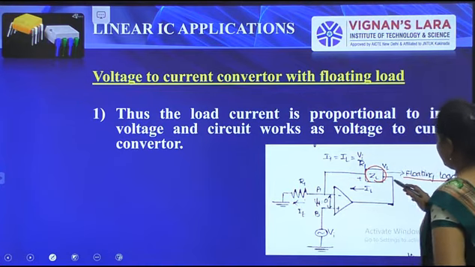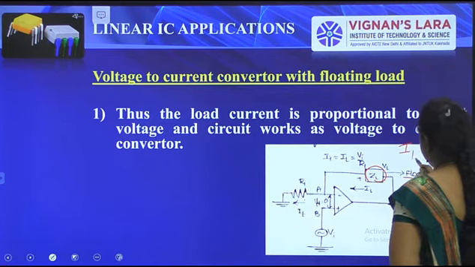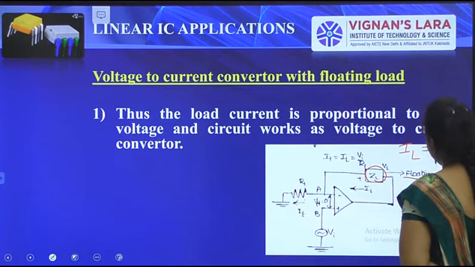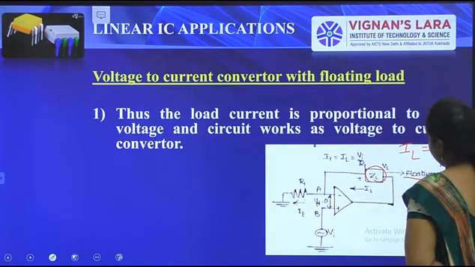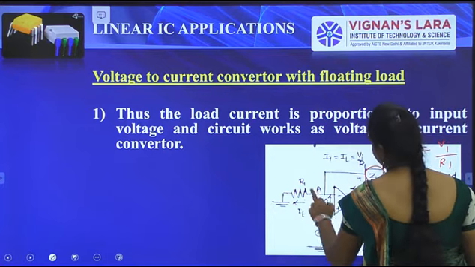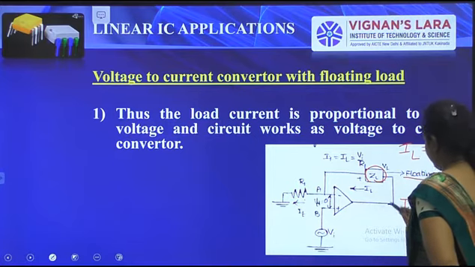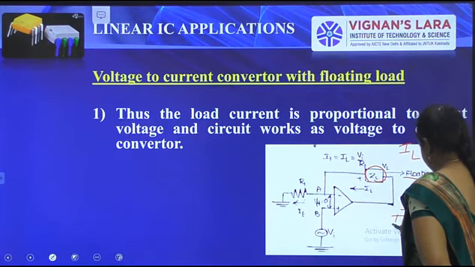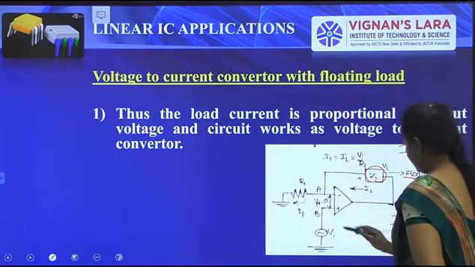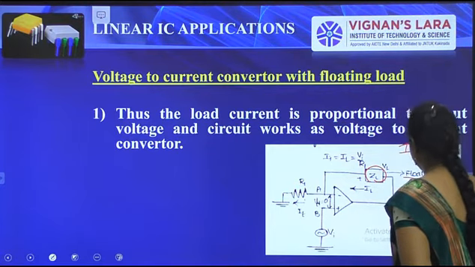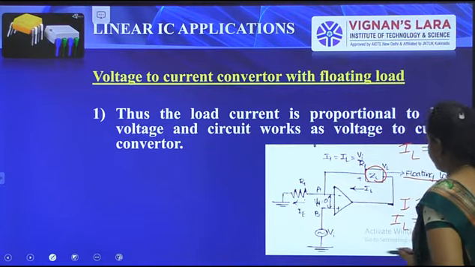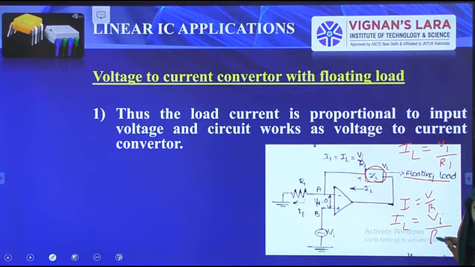Here I, that is IL, is written as VI by R1. I means IL, the final output load current, is equal to the voltage at the non-inverting terminal VI divided by the resistor at the inverting terminal, R1.